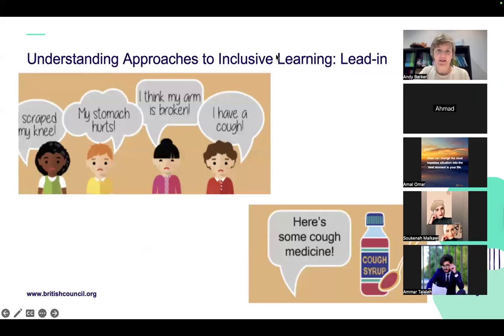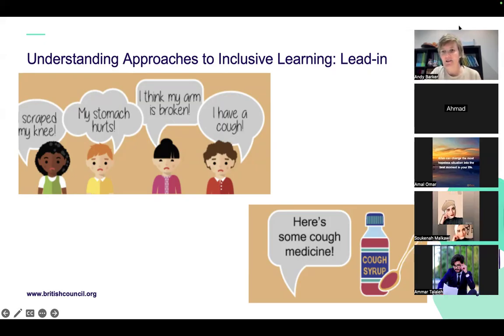Look at these pictures and tell me what it means. Give me some time to look at it first and tell me what you think it means. You can write in the chat, or put your hand up and speak.